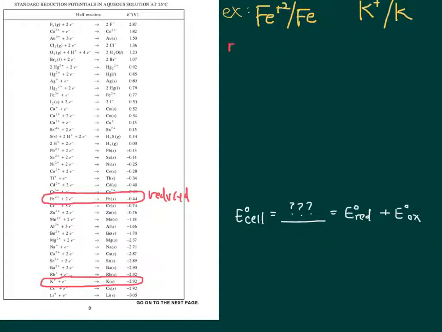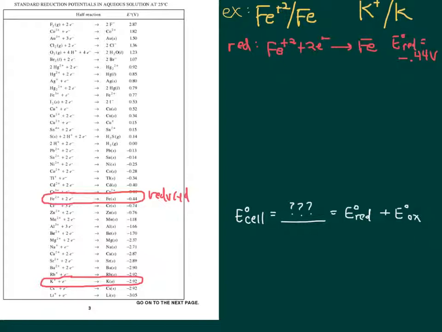It's going to go from iron plus 2 electrons to a solid iron, and that potential is negative 0.44 volts.